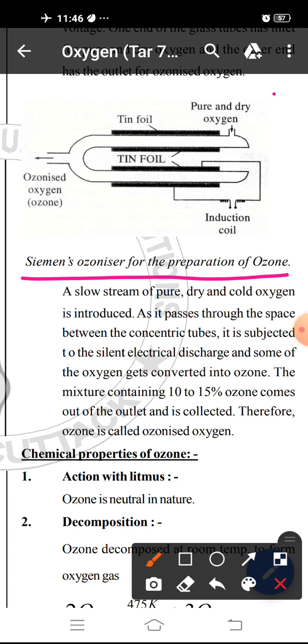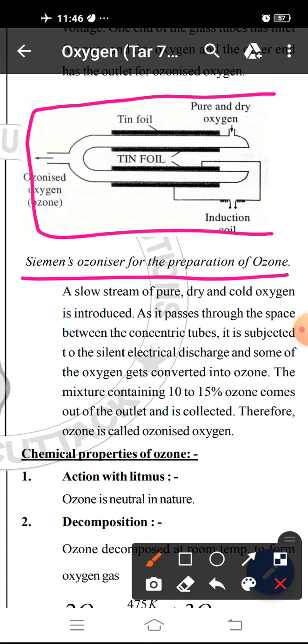In this diagram, there are two concentric glass tubes, this one and this one. The two glass tubes are fused at one end and closed at one end.